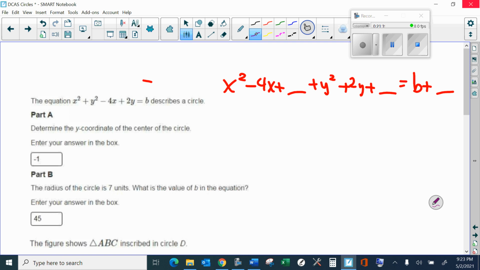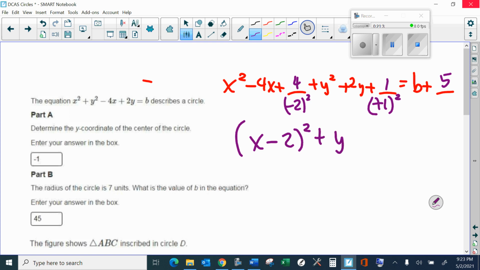We know it's negative 2 squared, which is 4, and 1 squared is 1. We added 5, so we have to add 5 over there. This becomes (x minus 2) squared plus (y plus 1) squared equals b plus 5. Don't drop off that b.